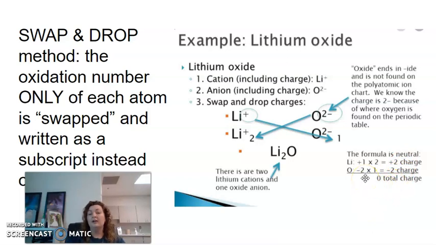So if I have my lithiums being positive 1, I need 2 lithiums, positive 1 and positive 1 equal positive 2, right? For every 1 oxygen I have, that's negative 2. So if I combine a positive 2 and a negative 2, their total is going to be a 0 charge. So I know this is correct. These actually would bond. They would form full octets, okay?